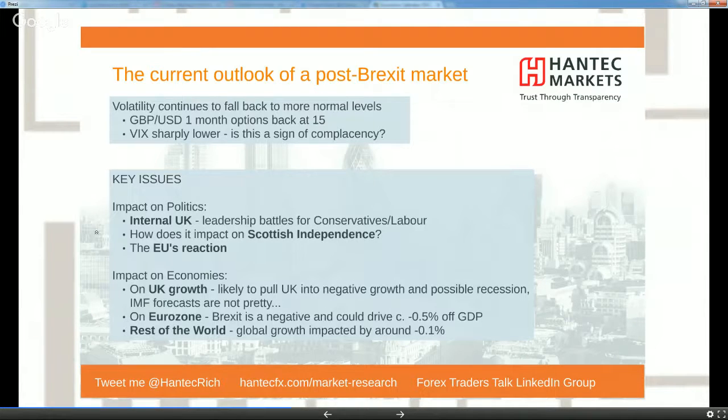In terms of impact on the economy as well, the impact on UK growth is fairly high. You have the outlook from the IMF suggesting that the impact on the UK economy or GDP could be between -1.5 and -4.5 by 2019.